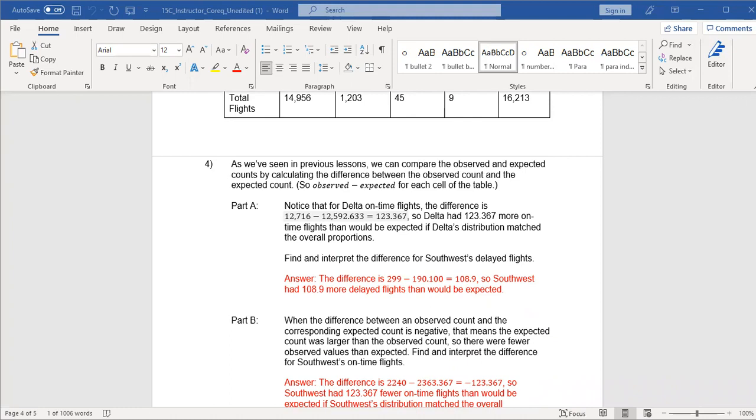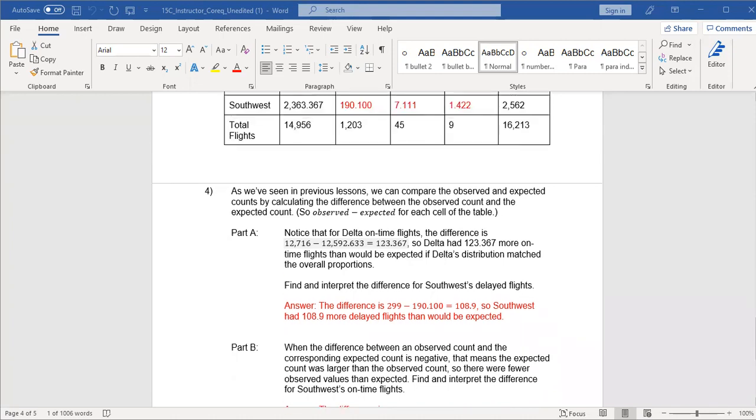Finally, interpret the difference for Southwest on-time flights. For Southwest on-time flights, the observed is 2,240 and the expected is 2,363.367.